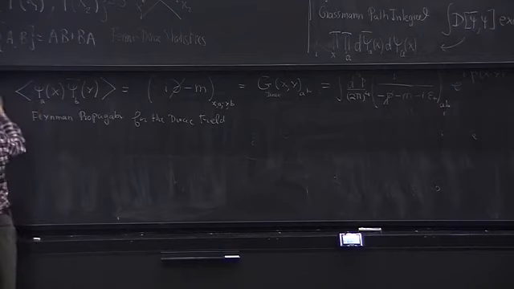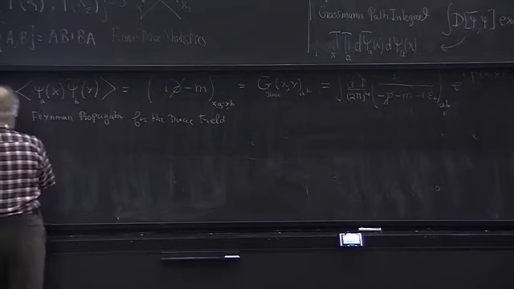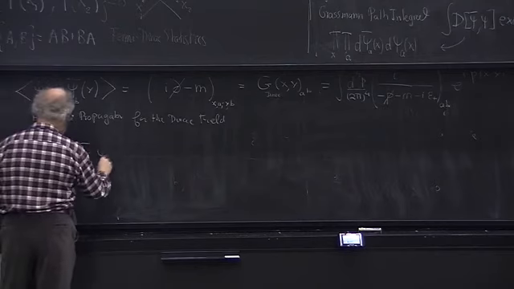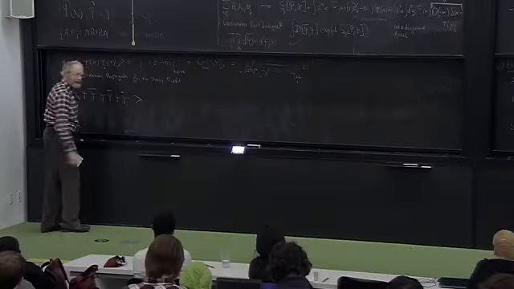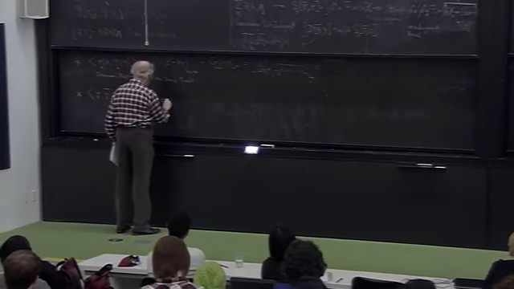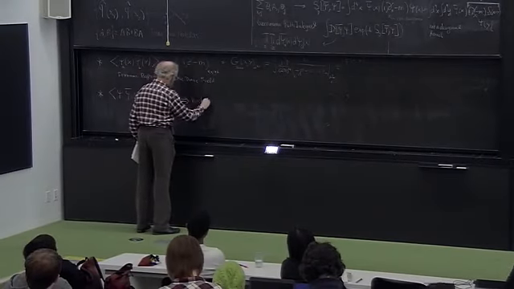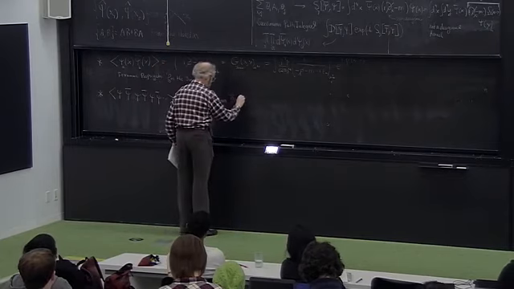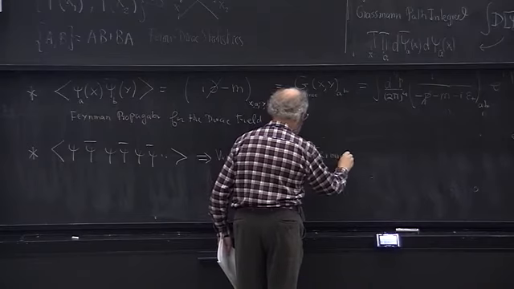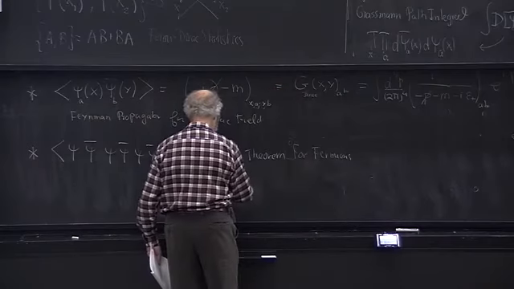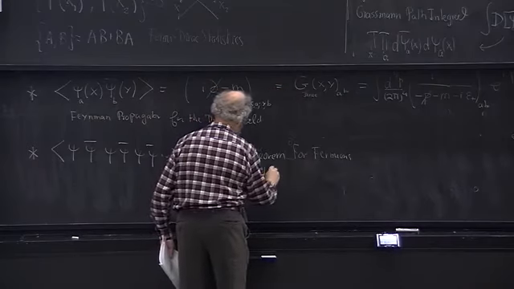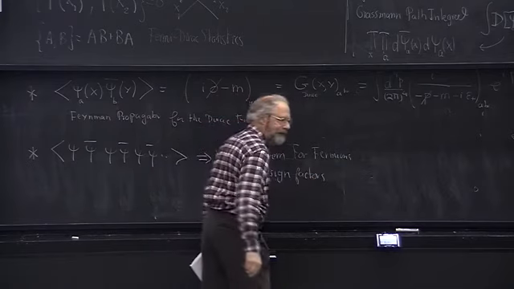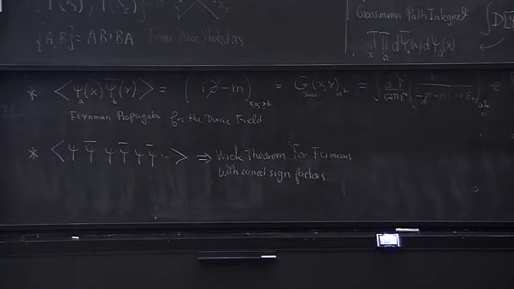First point, and second point, when we compute some products of psi, psi bar, psi, etc., we get the Wick theorem for fermions with the correct sign factors coming from the anti-commutation rules.